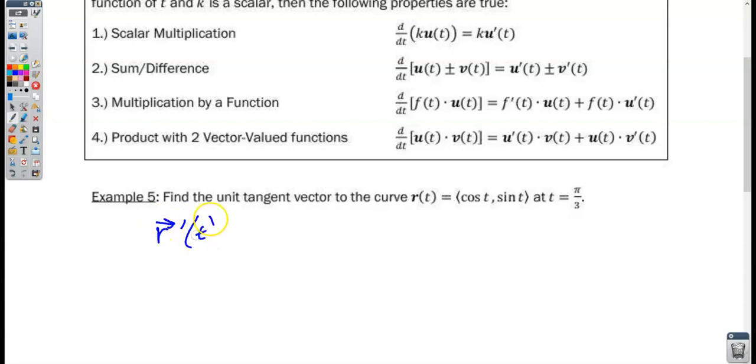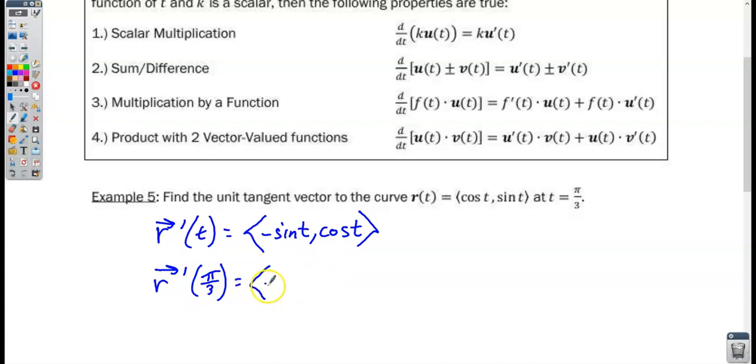R prime of t is going to be the component vector negative sine of t, comma cosine of t. And now if we want to find the derivative vector at time pi over 3, we can just substitute pi over 3 in here for t.